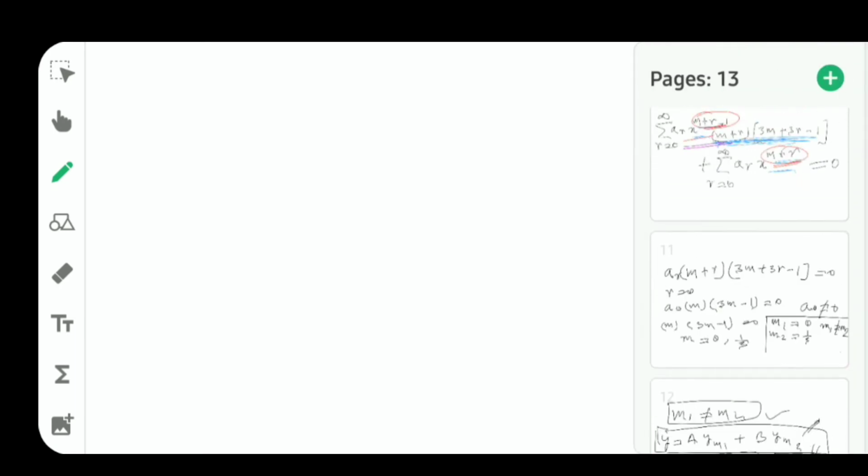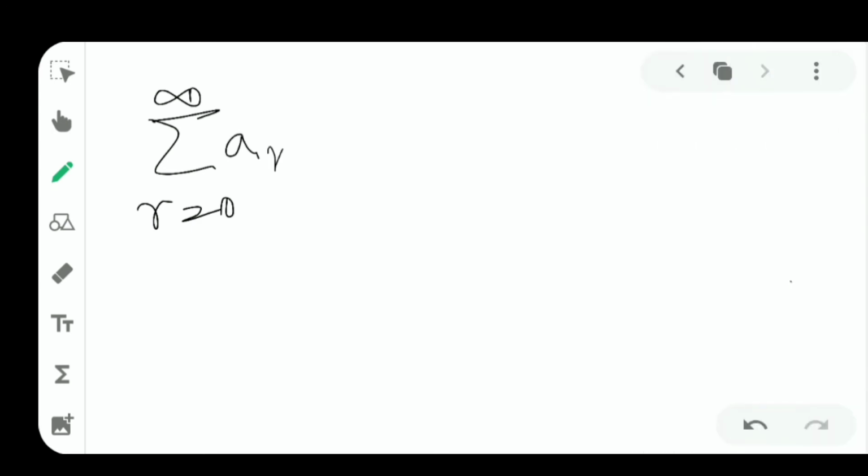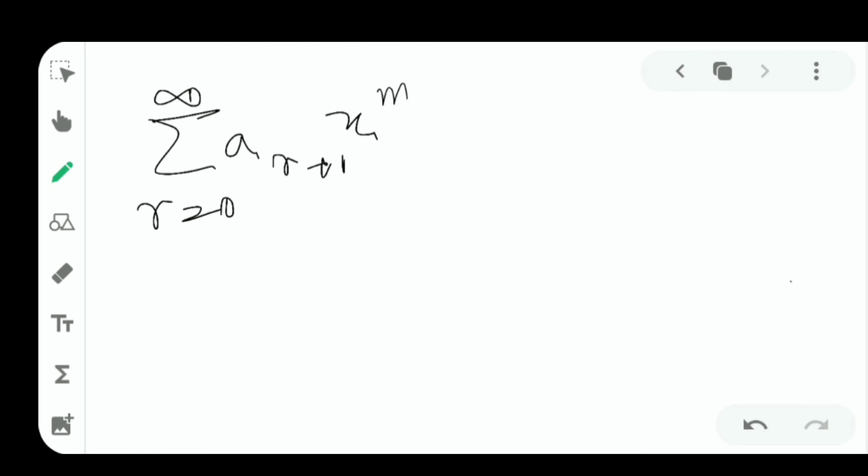So now see what I will do. It will be the summation from r equals 0 to infinity of a r plus 1. I am using the concept of indexing here. x to the power m plus r.